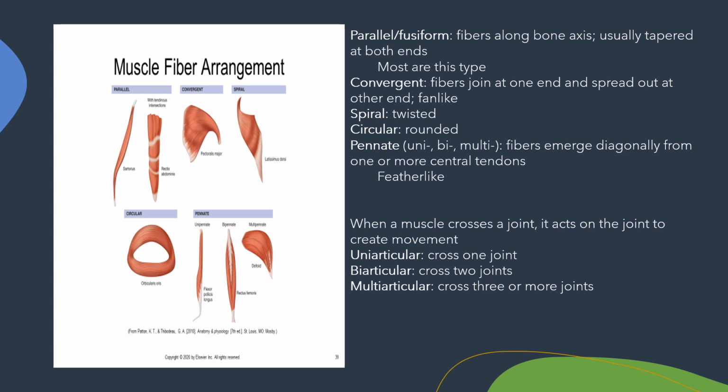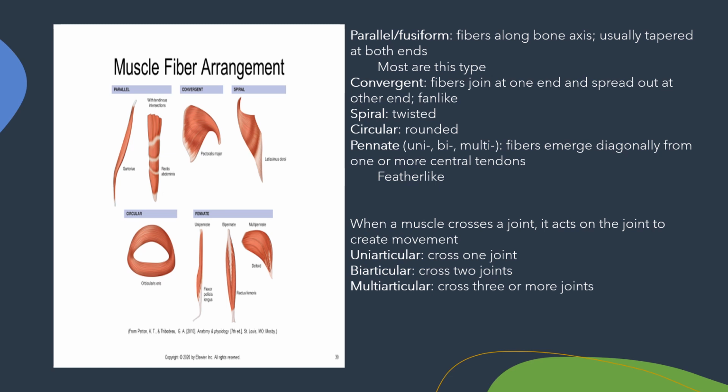So, for example, a parallel muscle: the fibers are running in the same direction, and they're usually tapered at one end, and the sartorius muscle is an example of that. So just what each one of these is: parallel or fusiform, convergent, spiral, circular, pennate. But within the pennate, we also have 3 prefixes, uni, bi, and multi.